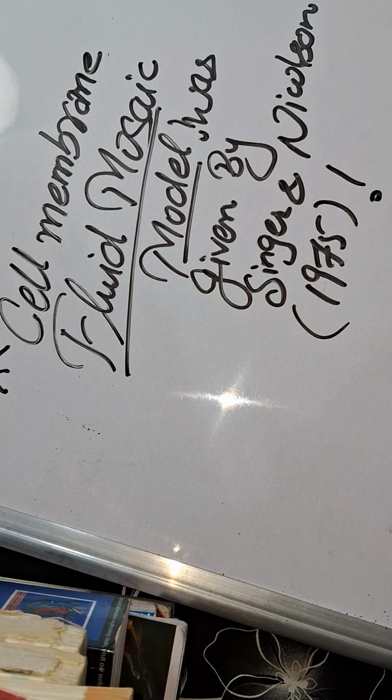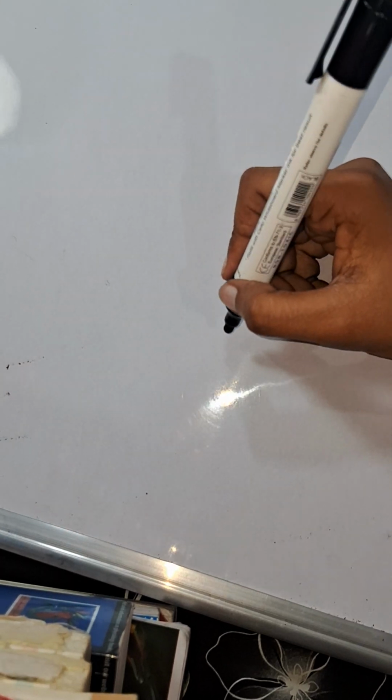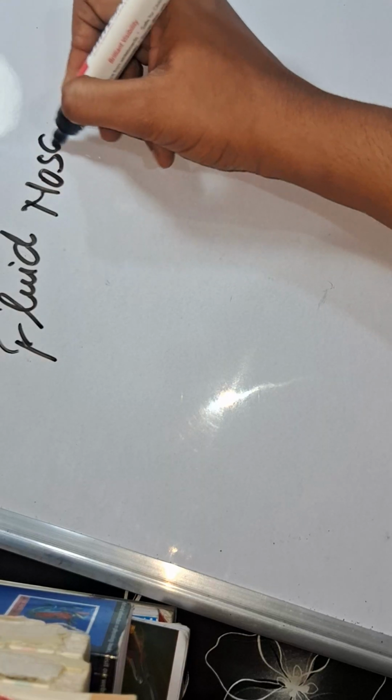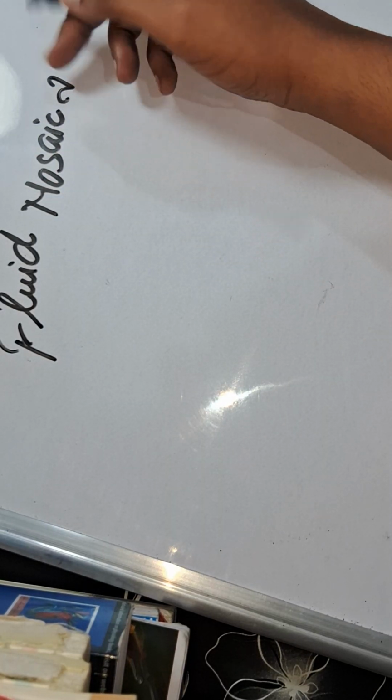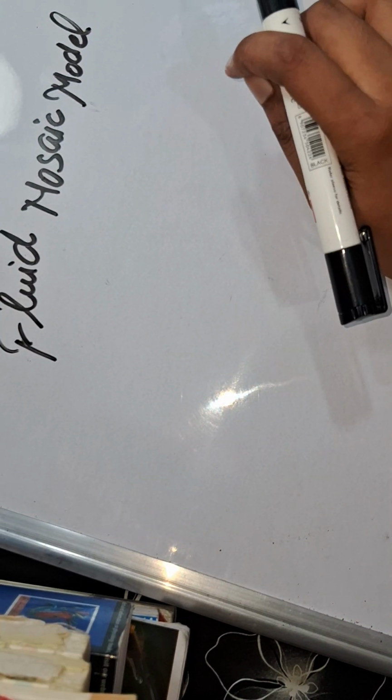The fluid mosaic model was given by Singer and Nicholson in 1975.